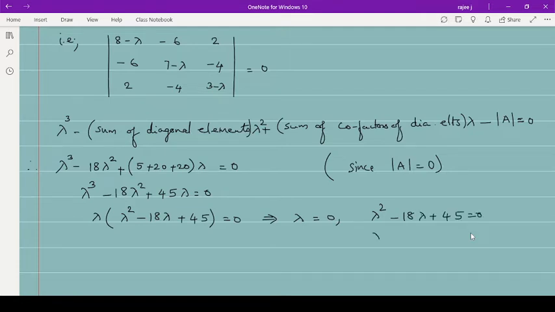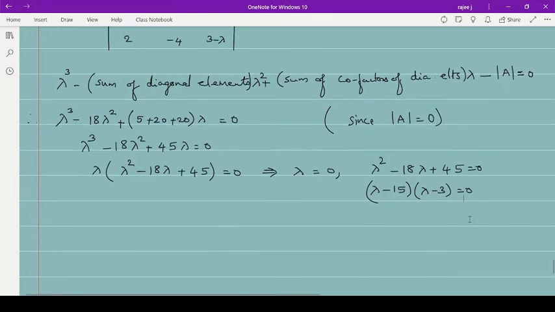Two numbers whose sum is minus 18 and product is 45: 15 and 3. So lambda minus 3 equal to 0. Therefore lambda is 0, 3, and 15.